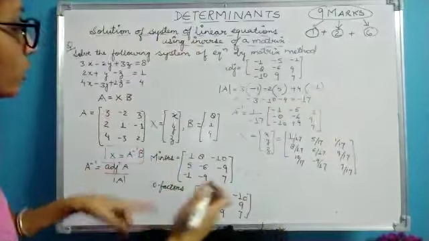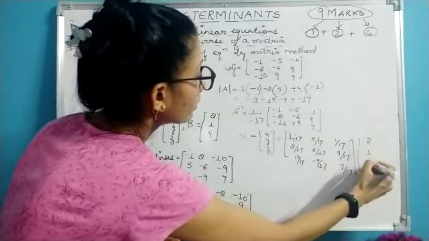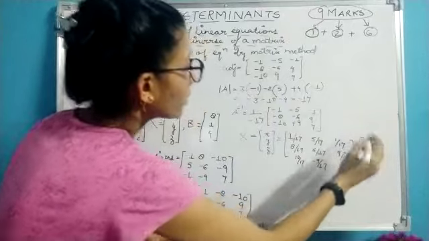Here it is B, so I can write it here as 8, 1, 4. Now we can solve it further.